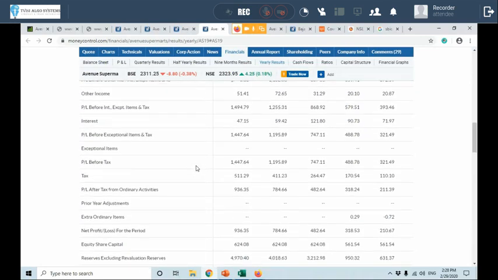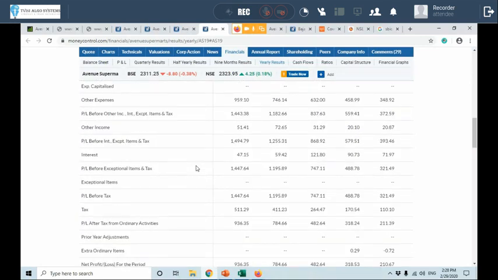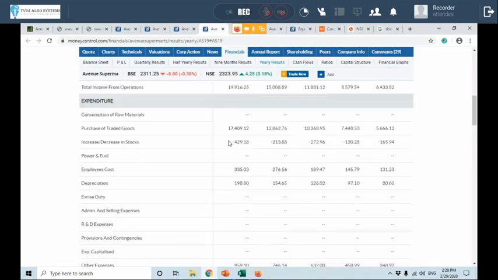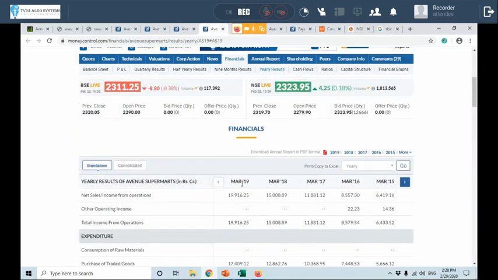No. We will take this as EBIT only: profit and loss before interest and other items. So year 0, which is last year.